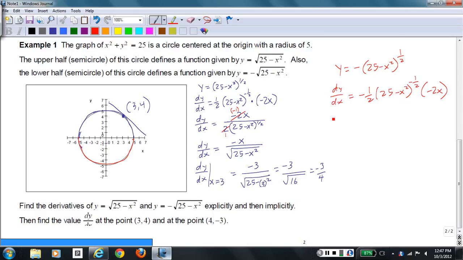This will be dy/dx equals negative 2x up there, 25 minus x squared to the positive 1/2 down there. Let me just call it positive 2x because it's a negative times a negative. I don't think I want to put a negative 2 in the denominator. That would just feel weird. So dy/dx equals 2x over the square root of 25 minus x squared.